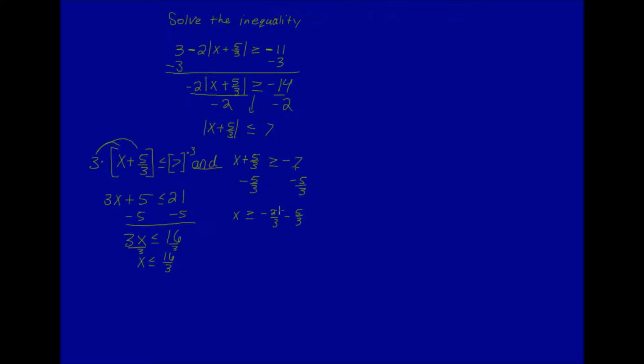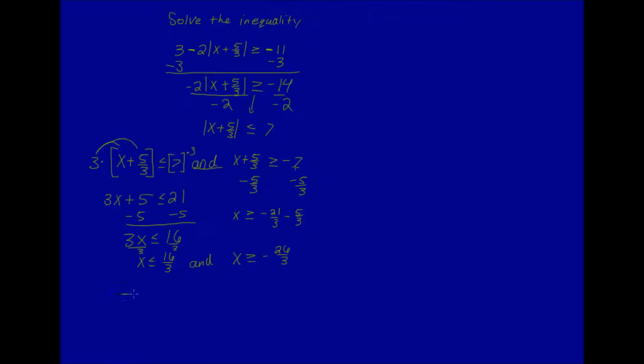And so negative 21 minus 5 is negative 26. So x is greater than or equal to negative 26 over 3. You'll notice if you're able to work with fractions, there are fewer steps here. So if you're comfortable with adding and subtracting fractions, this is definitely the way to go. Okay, and the word in between here is "and."